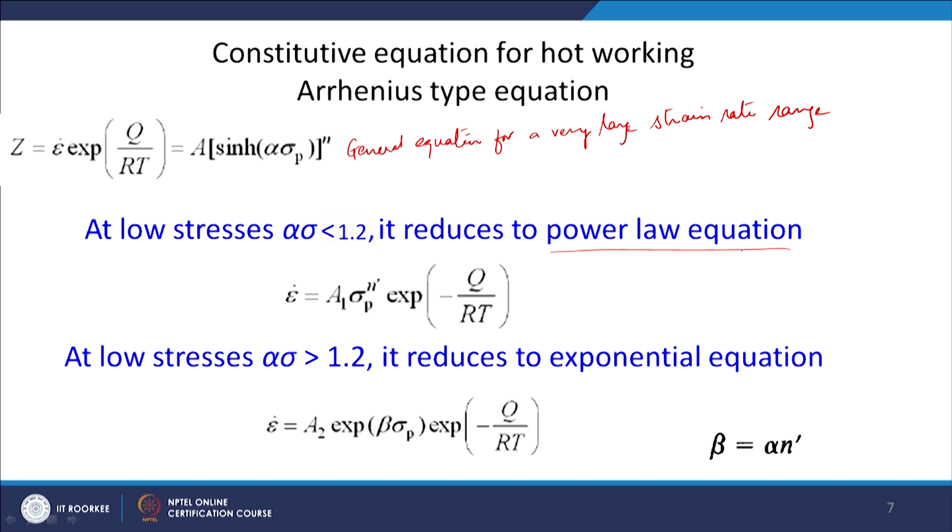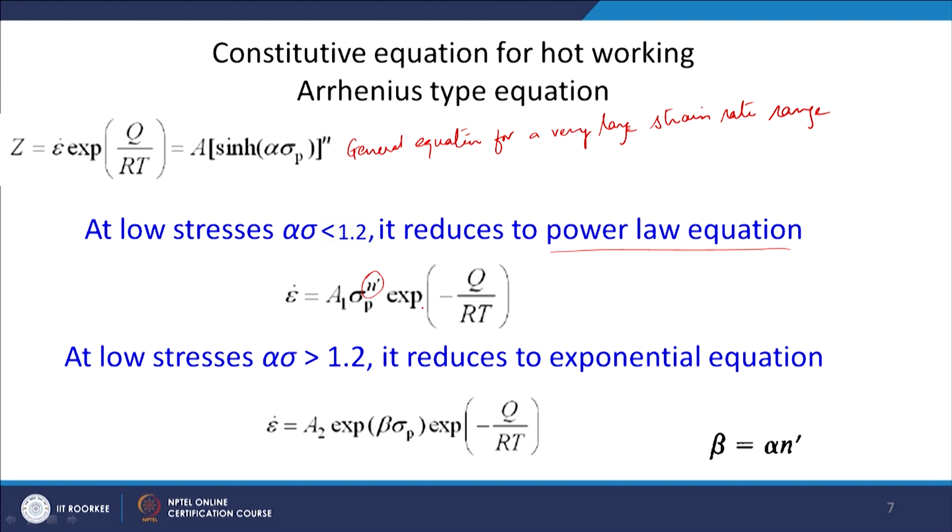We have already seen this type of equation, a power law equation, where epsilon dot and sigma p are related with some exponent n prime, and again temperature is in the exponential term.